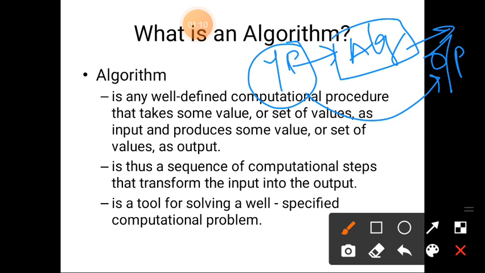The result of a given problem is the output that we get after solving the problem. So an algorithm can be defined as a finite sequence of computational steps that transform the given input into the output for a given problem.